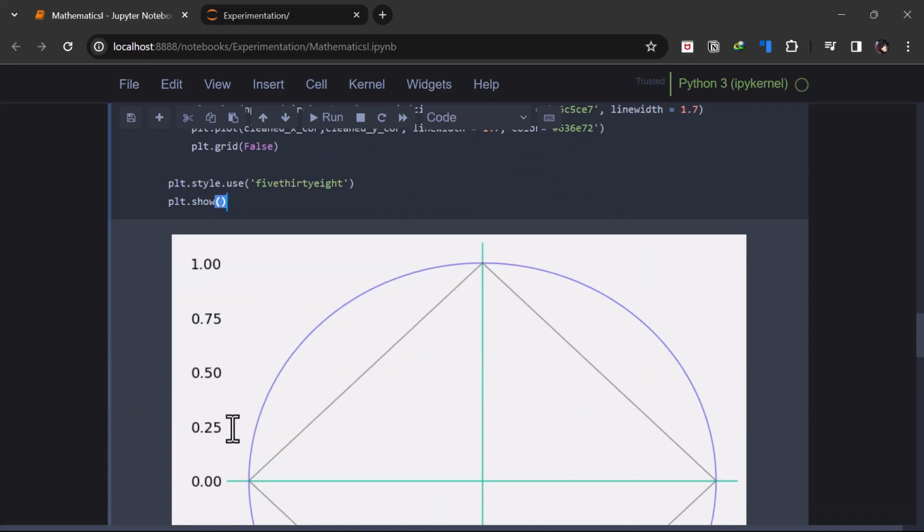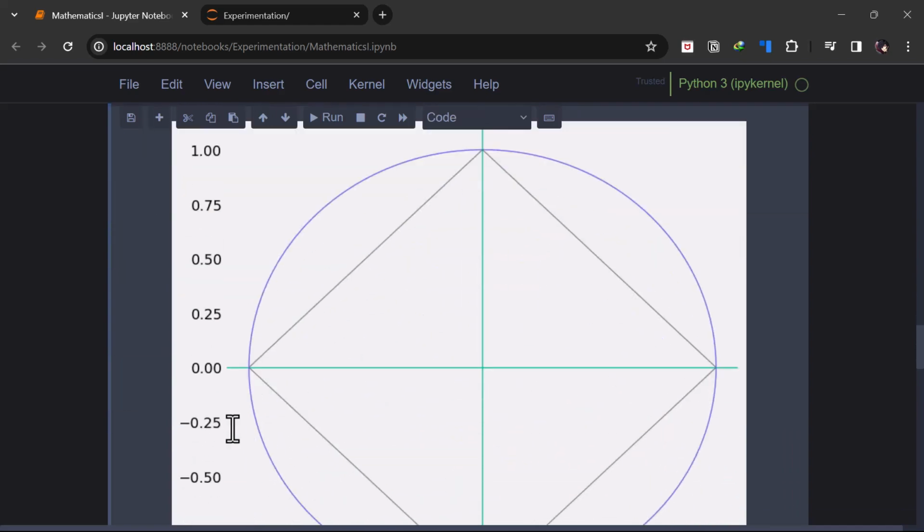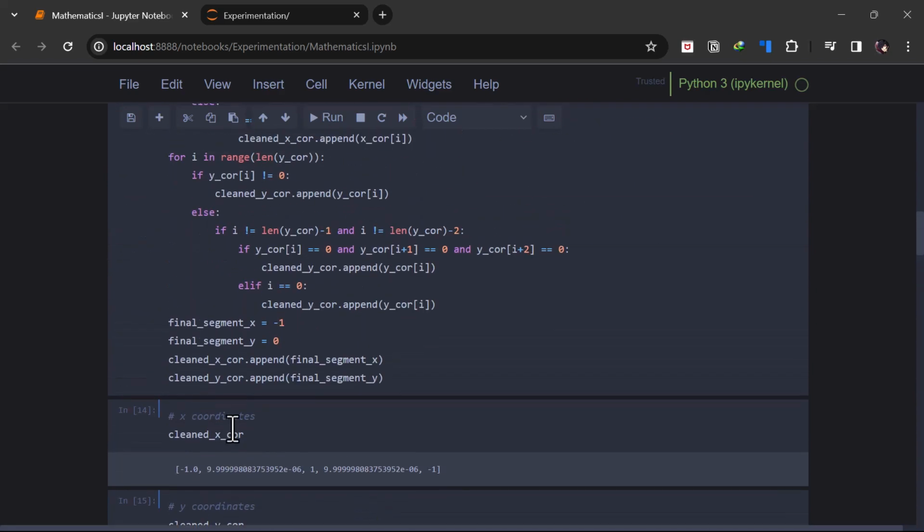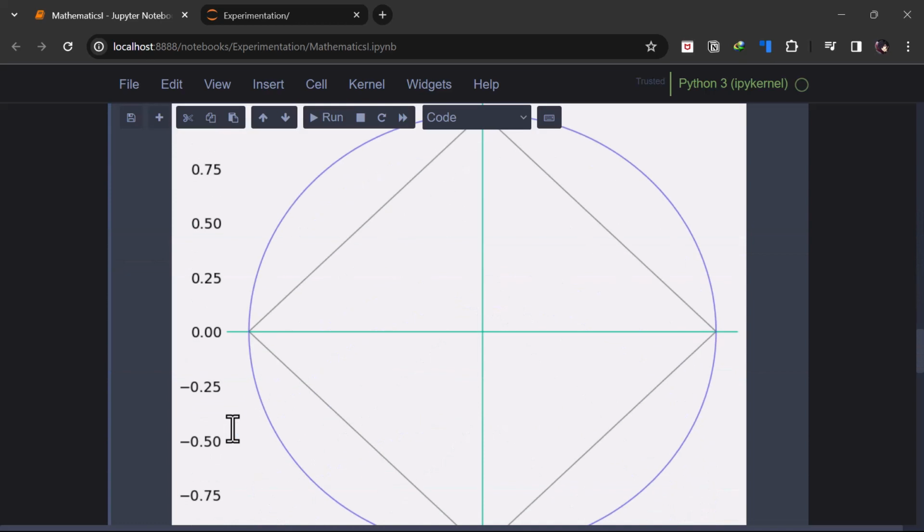We'll have to remove these alternating -1 values from our x-axis, as well as from the y-axis. So from the y-axis we have to remove 0. The coordinates corresponding to the point from where we are starting are -1, 0.